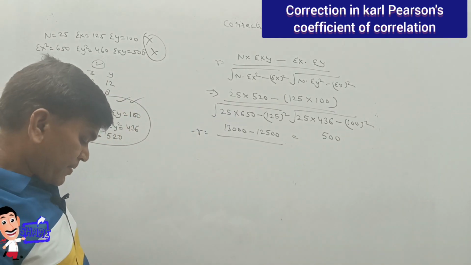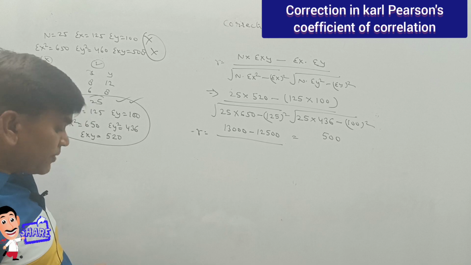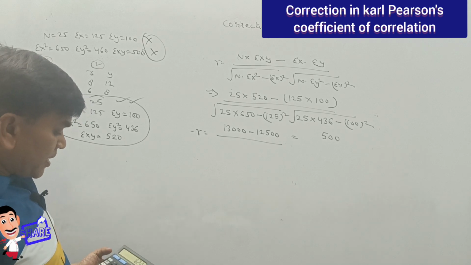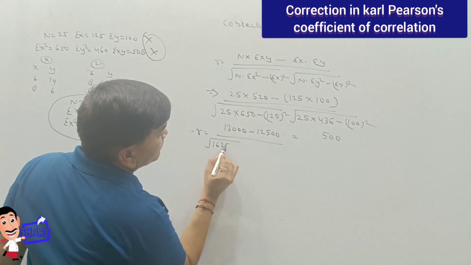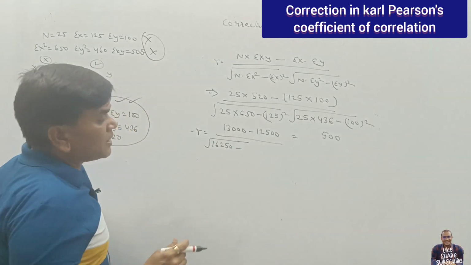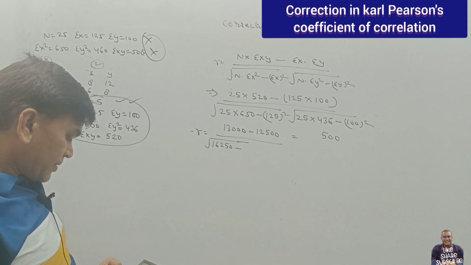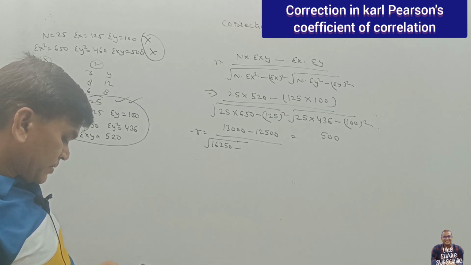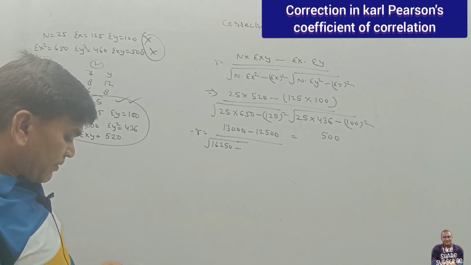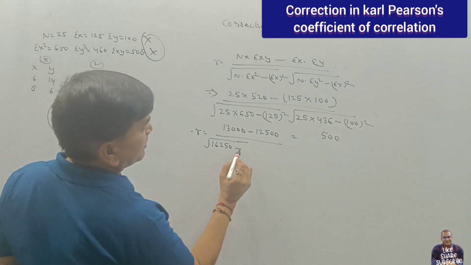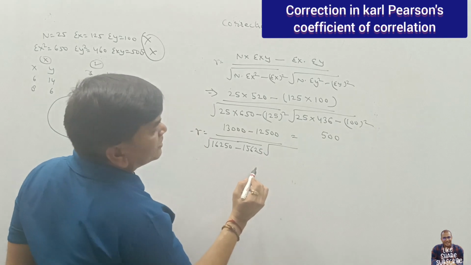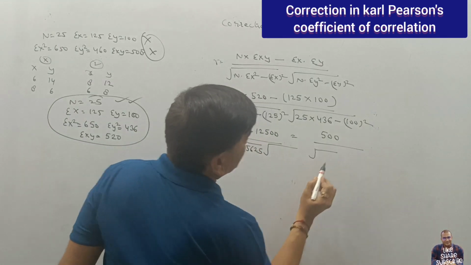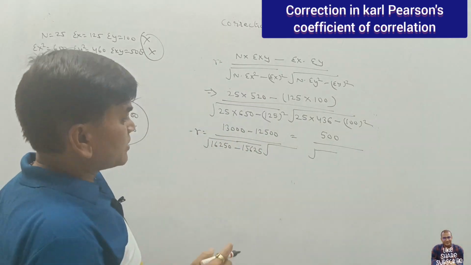Second, 25 multiplied by 650, that is 16,250, minus 125 multiplied by 125, that is 15,625. Under the first square root, the result will be 625.